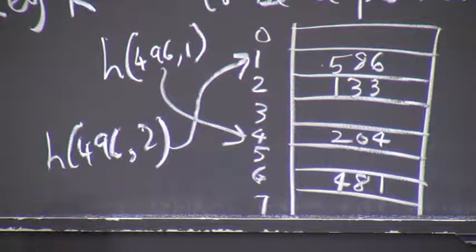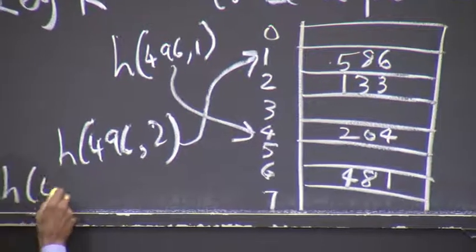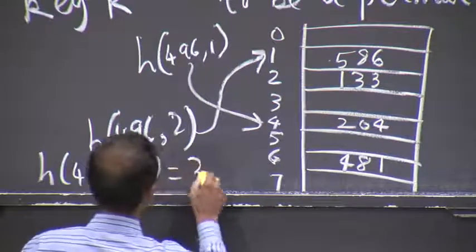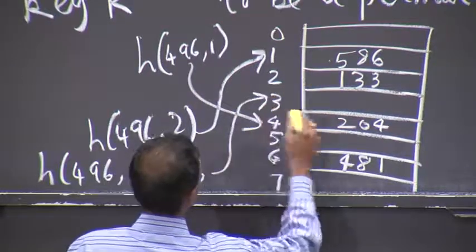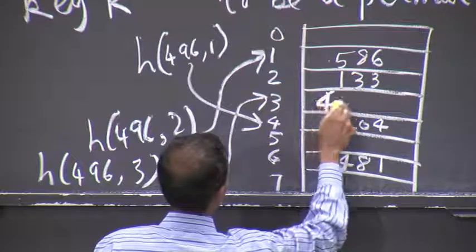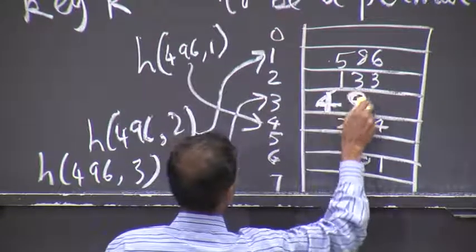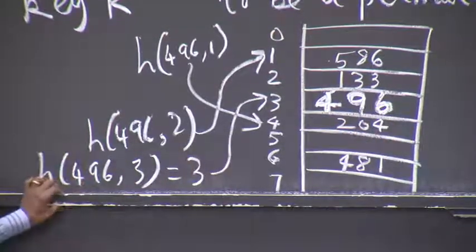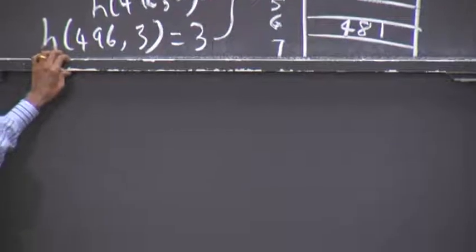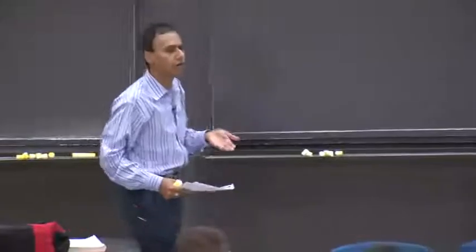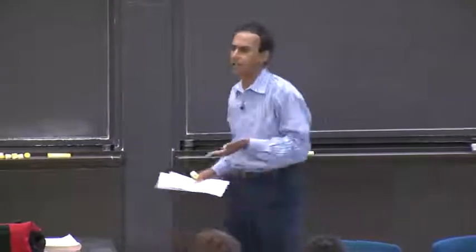And finally, it may be that h496.3, which is your third attempt, equals 3. So you go in and you say, great, I can insert 496, and let me write that in bold here, out there. All right? So pretty straightforward. In this case, we've gone through 3 trials in order to find an empty slot.